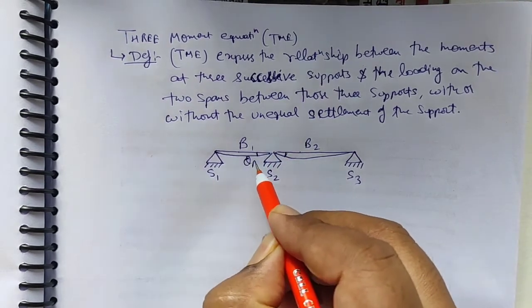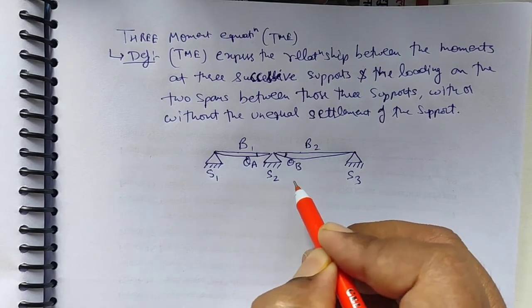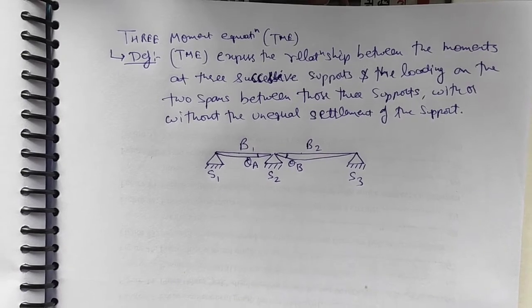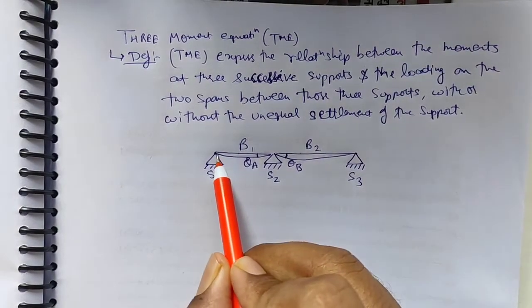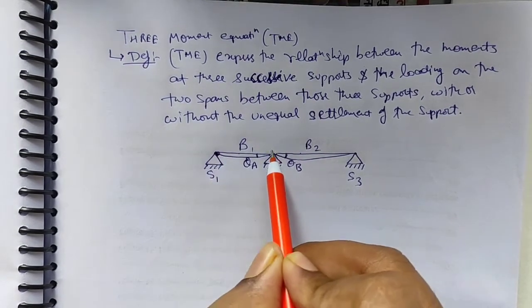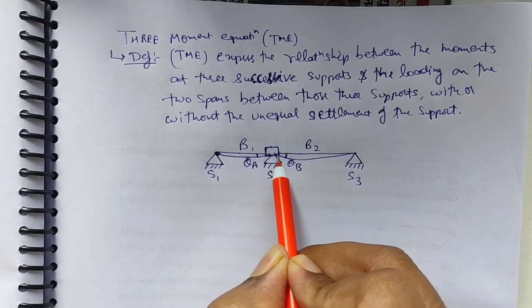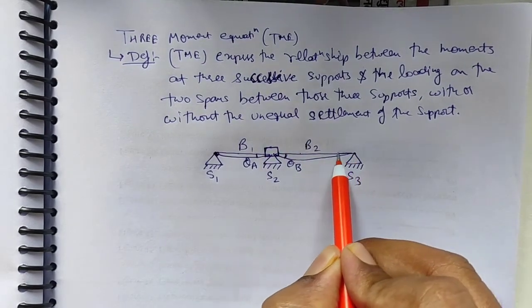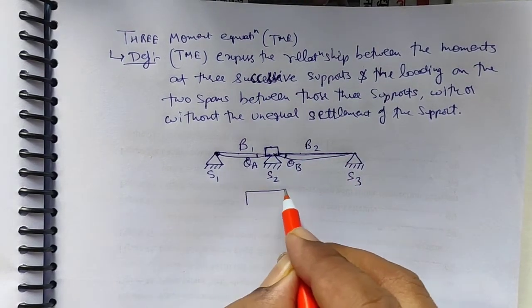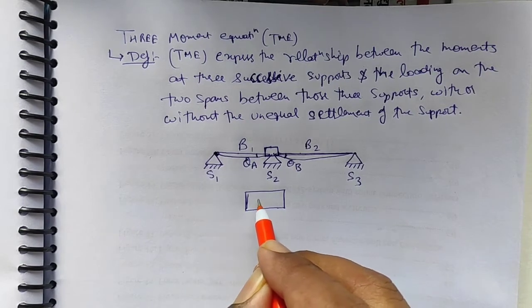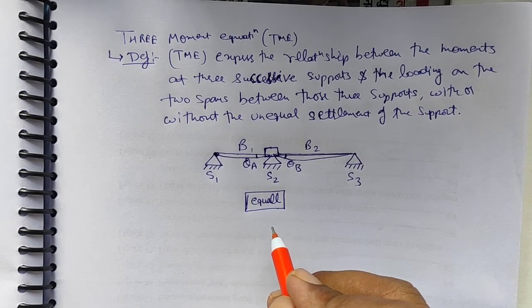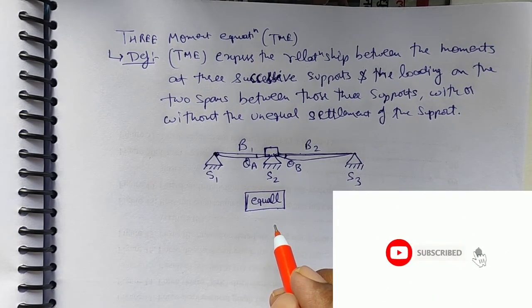If I label it with theta A and theta B, then the slope evaluated from the beam left of the middle support will have equal value to the slope evaluated from the right beam. That means both slopes will give me equal value. This is how the three moment equation works.